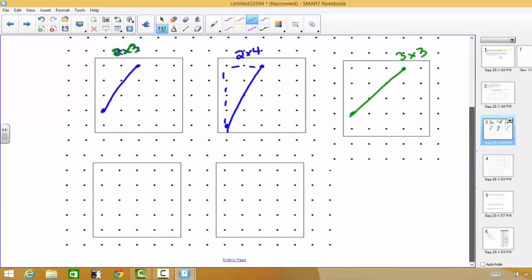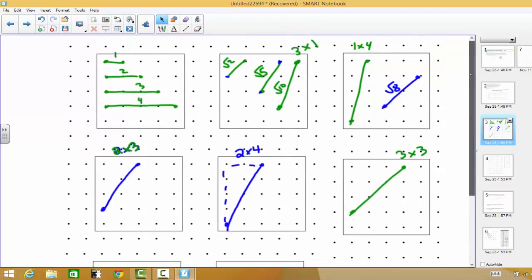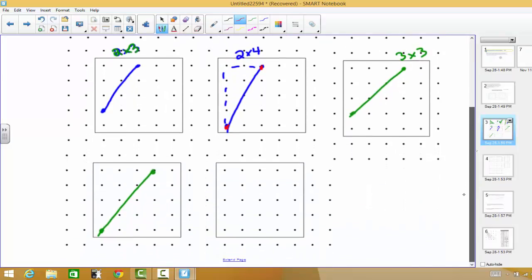And we could draw a 3 by 4. And then we're thinking of our 4s. So a 4 by 1 is right here. A 4 by 2 is right here. A 4 by 3, I didn't label this one. And then we could have a 4 by 4.